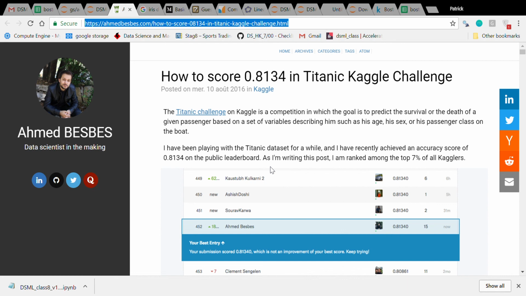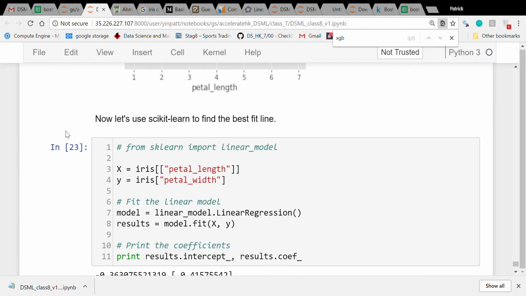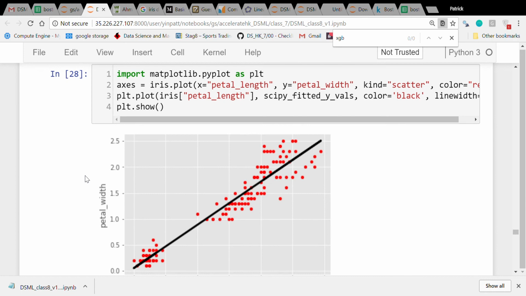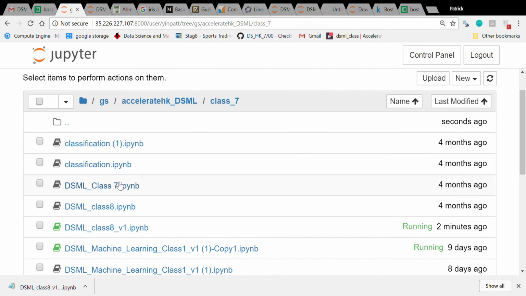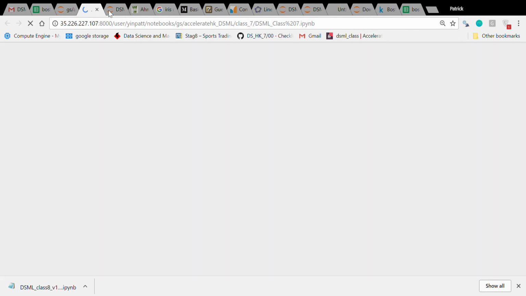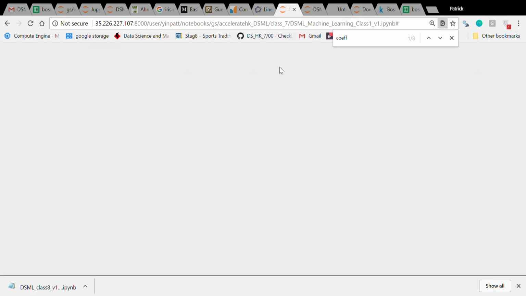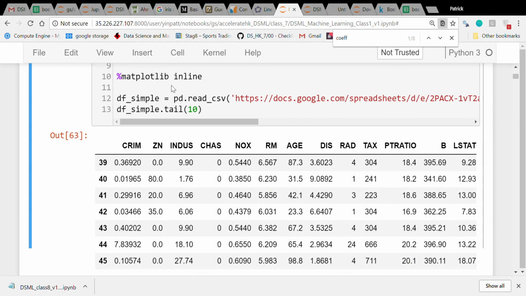Like for XGBoost, parameter tuning. I'll give you an example. If you go back to my first one, this one.